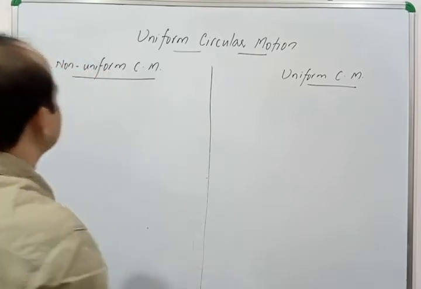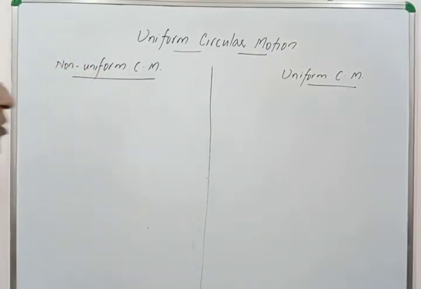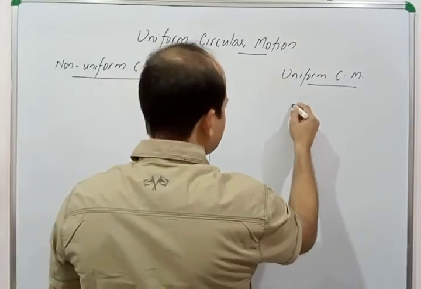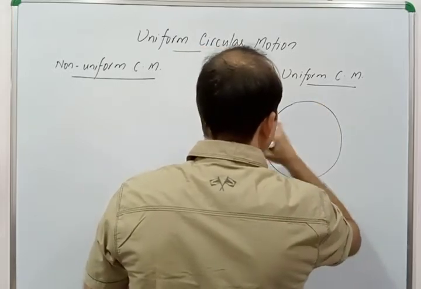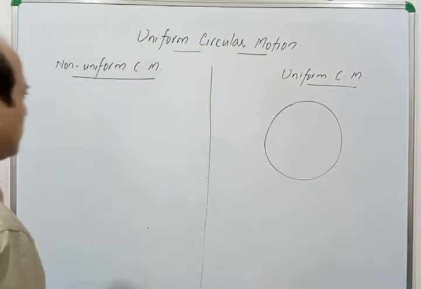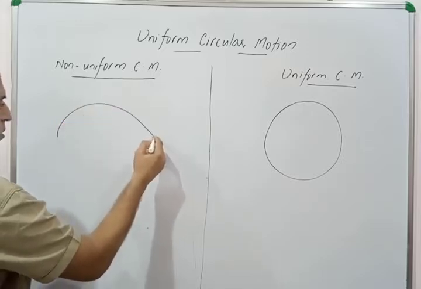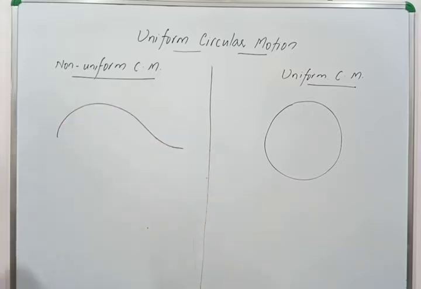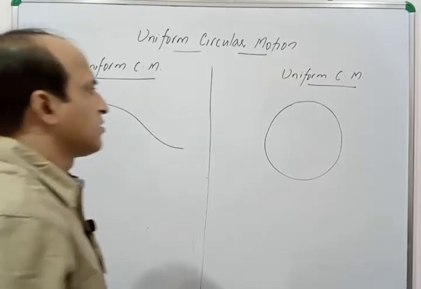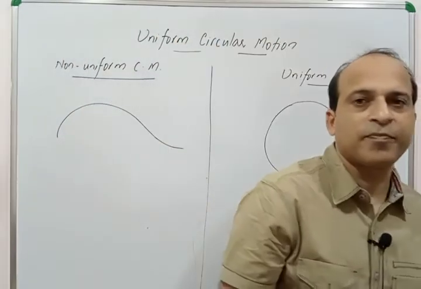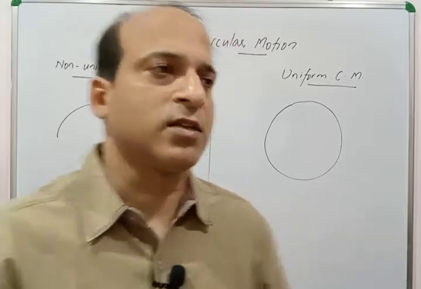See, the basic difference between the two is, in uniform, the body will be moving on a circle like this. And if I draw it as non-uniform, it will be moving along a curve, maybe somewhat like this. What is the difference? क्यों होता है ऐसा? The reason is two accelerations.